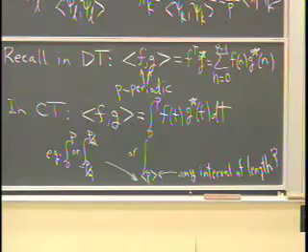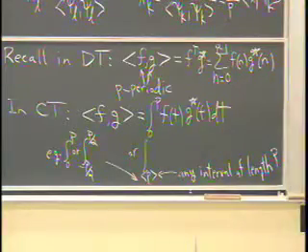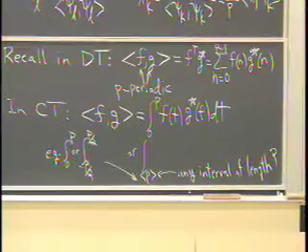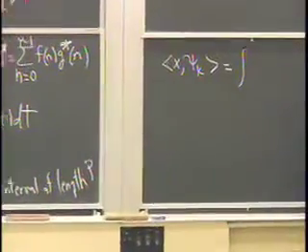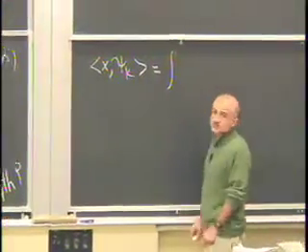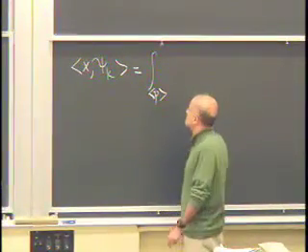Okay? So if this is our definition, then x inner product with c_k must be what? I'm going to pick an interval, whatever is convenient.